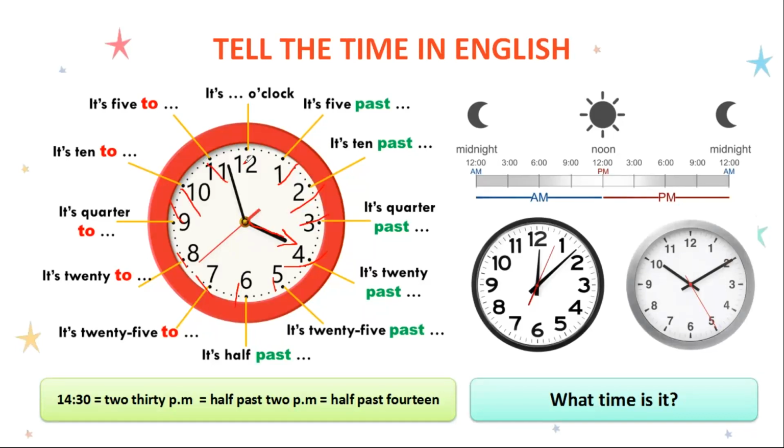Okay, 55, 56, 57. So it is 4:57. It's 3 to 5.